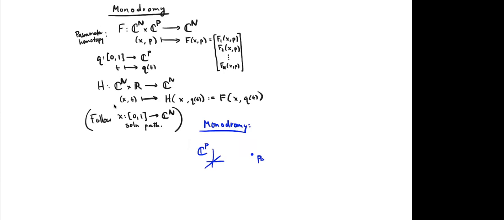Now at p naught, we have a system of equations f of x, p naught. And so these are n polynomials in n variables. Okay, so we have a very specific system of equations. Now, say we know one solution to f of x, p naught. Call it x naught.